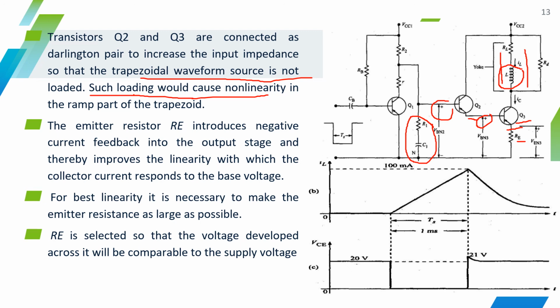In this way, a current waveform which exhibits linearity with respect to time is generated across the inductor. For best linearity, it is necessary to make the emitter resistance as large as possible. Why? Because it introduces negative feedback, which increases the linearity. RE is selected so that the voltage developed across it will be comparable to the supply voltage.